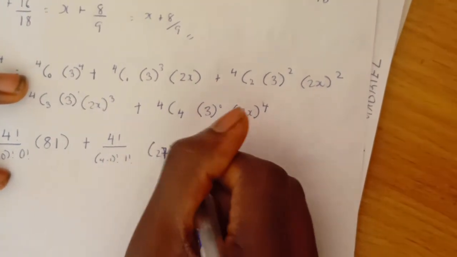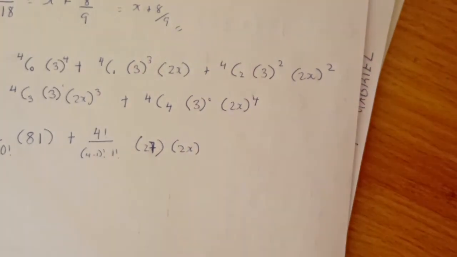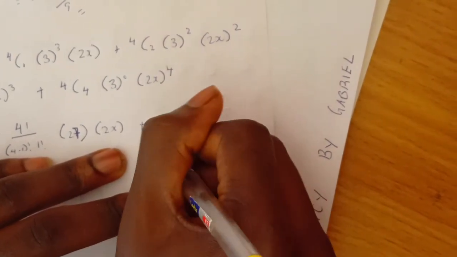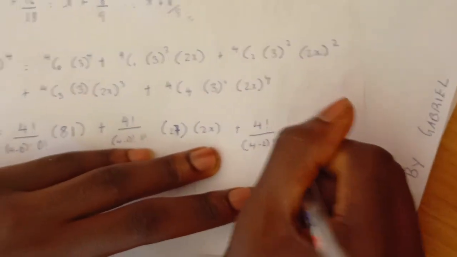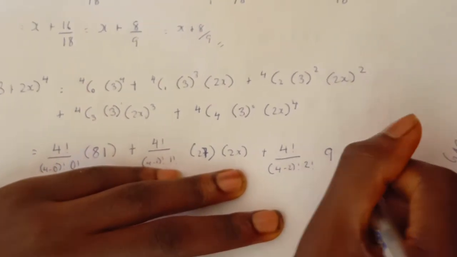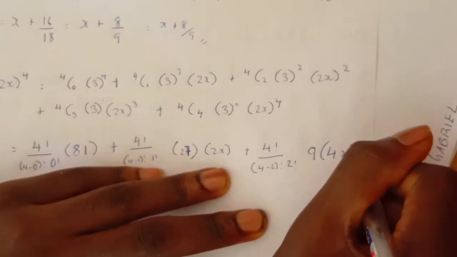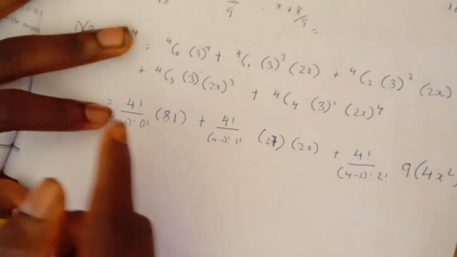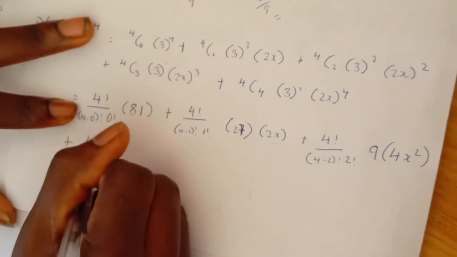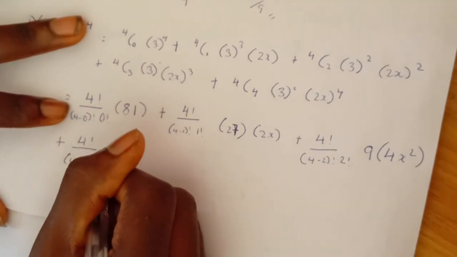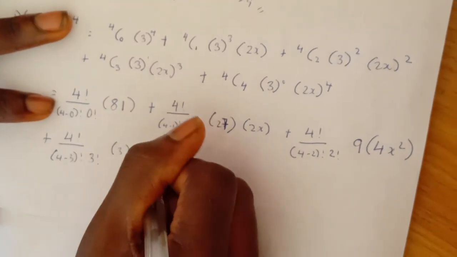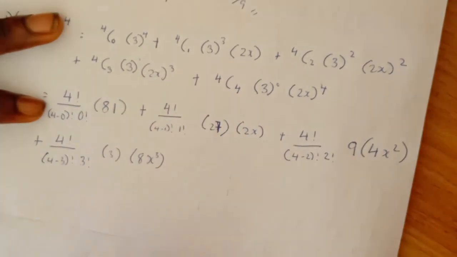multiplying 2x, and we have 4 combination 2, that is 4 factorial divided by 4 minus 2 factorial, and multiplying, this is 9 and this is 4x squared, and this we have 4 factorial divided by 4 minus 3 factorial, and 3 factorial, this is most definitely 3, and this is 8x cubed.